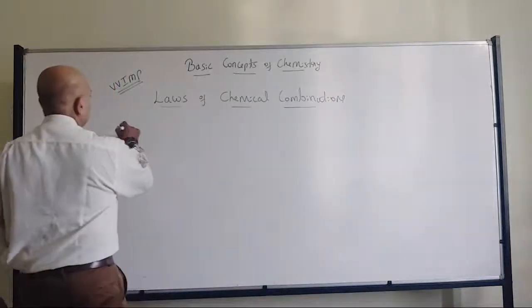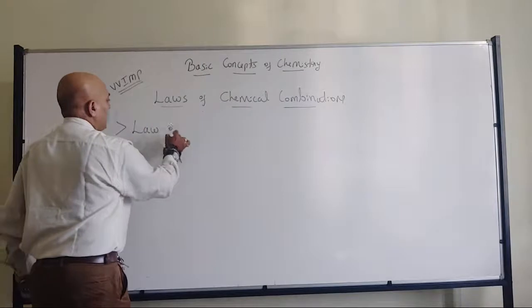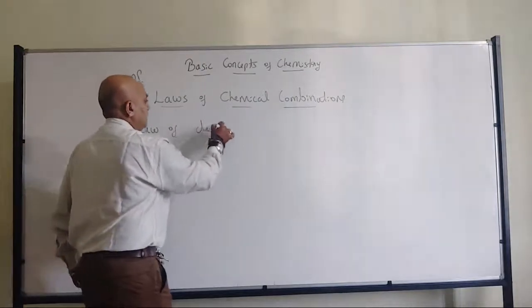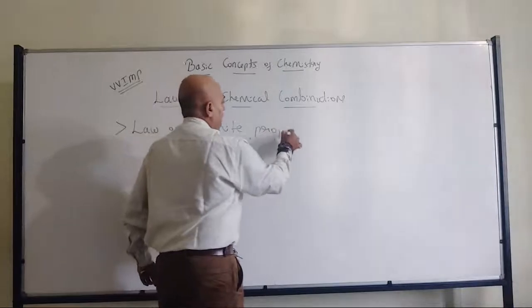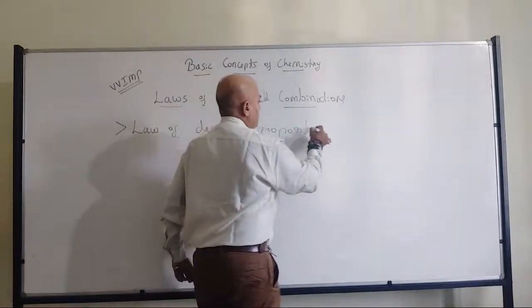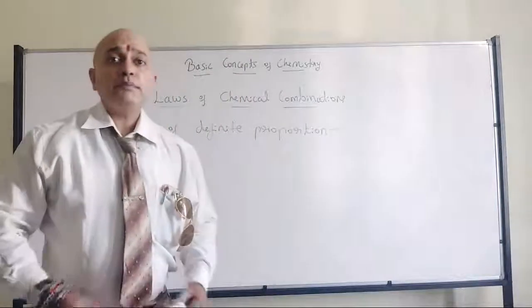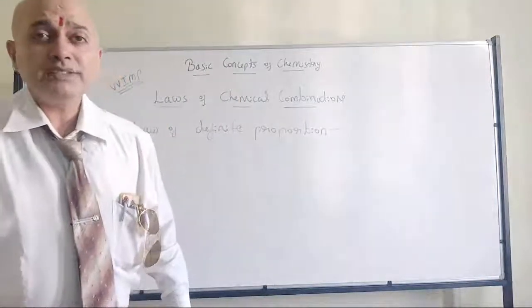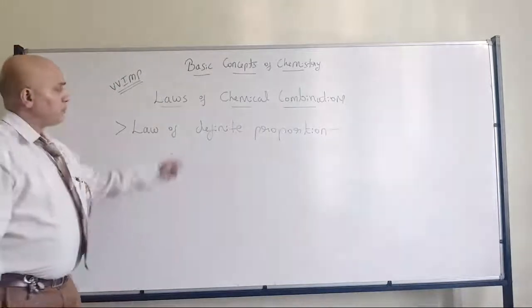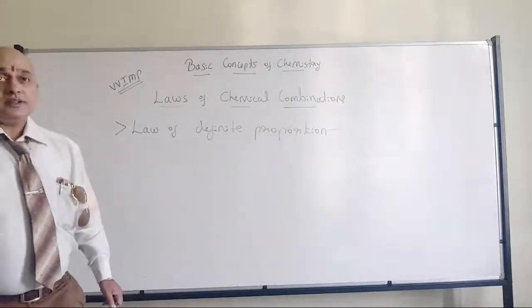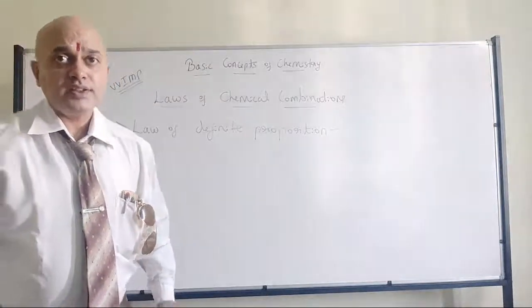Okay? So the next one tells about the law of definite proportion. Right? So what do you mean by proportion? Proportion means I can tell a ratio or like that I can tell proportion. Definite, that means it should be the same. It cannot be different. Right?